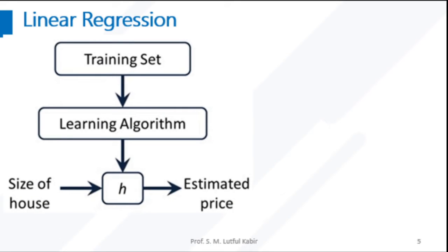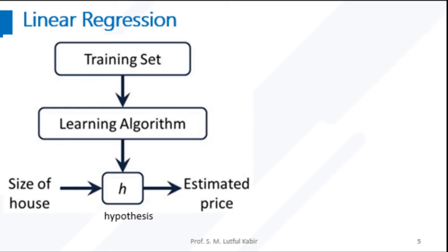So here is how supervised learning works. We have our training set of housing prices and we feed that to our learning algorithm. The job of a learning algorithm is to then produce a function, which by convention is usually denoted by lowercase h. h stands for hypothesis.